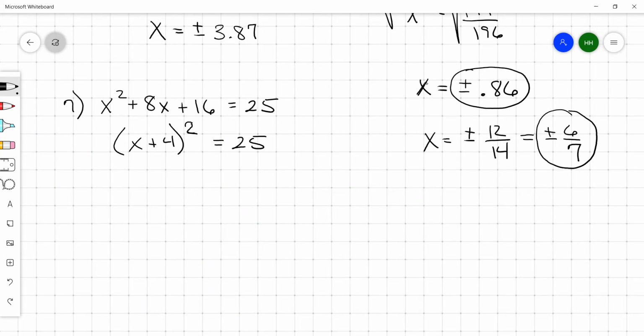Your next step is to square root both sides. So when you square root the left side and you square root the right side, you get x plus 4 equals positive or negative 5.